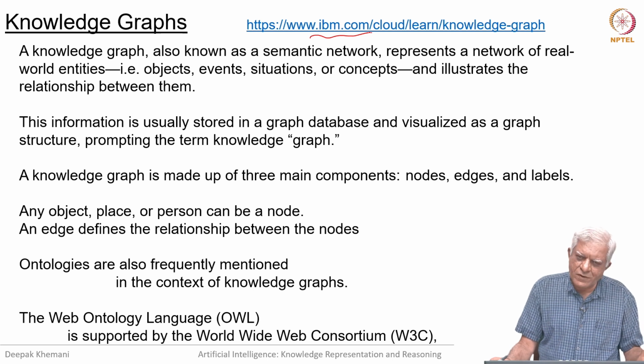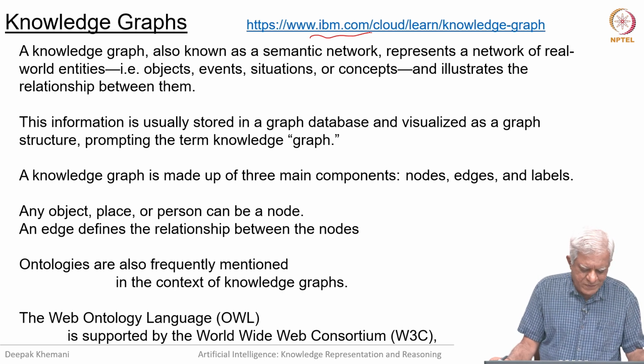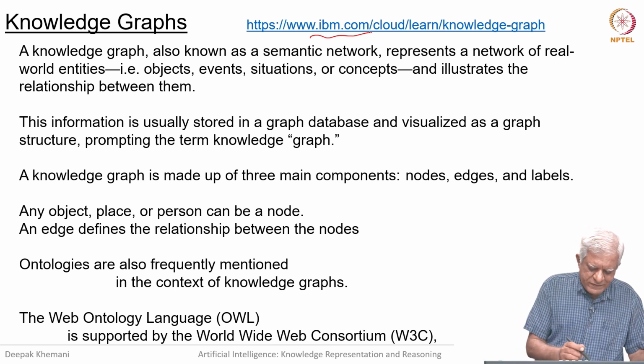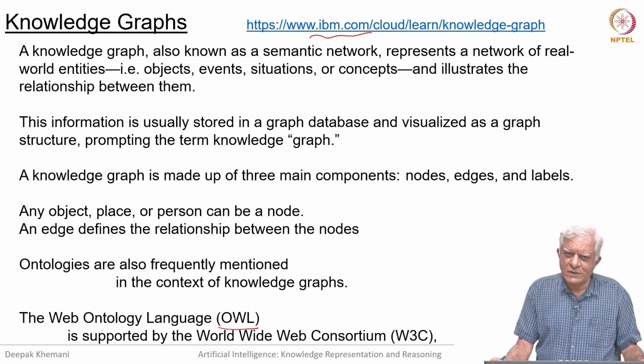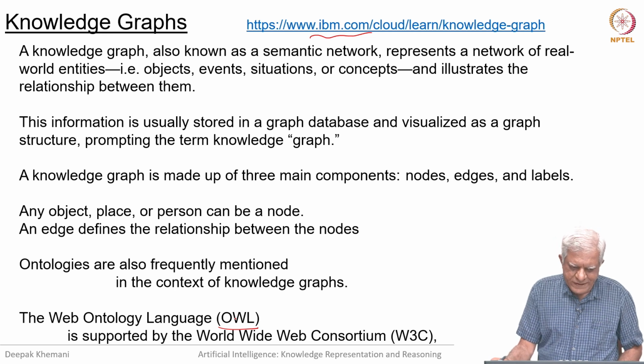In the context of ontologies, the World Wide Web Consortium W3C has agreed upon a standardization of the language called OWL, where the acronym is OWL, but the name is Web Ontology Language. It is a little mixed up there. We will look at OWL a little bit in the course next.